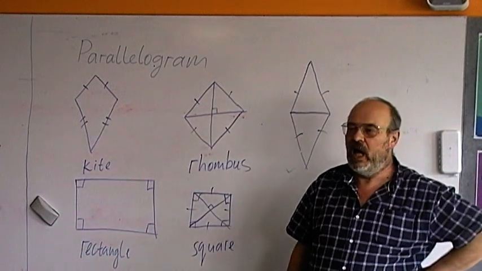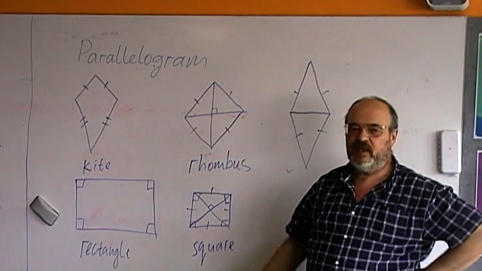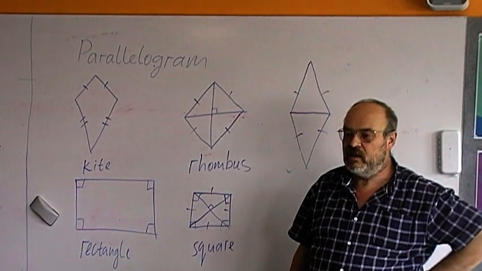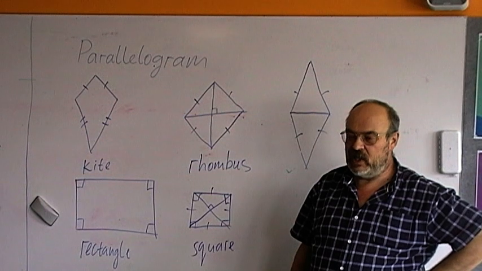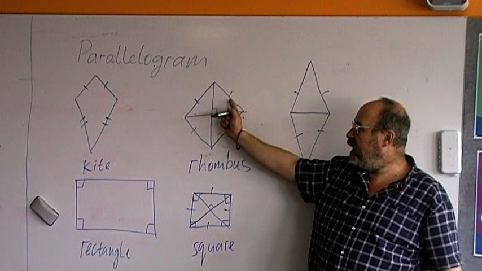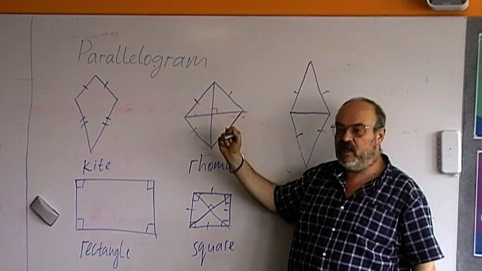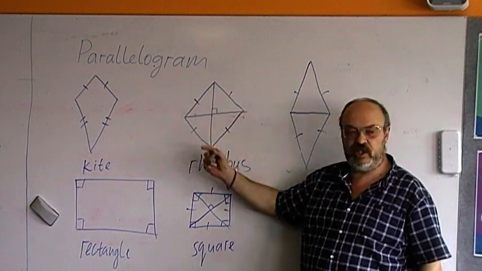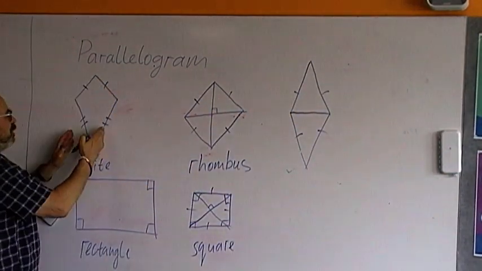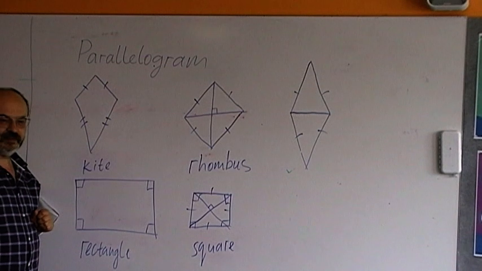Now, Sophie, is a rhombus a kite? Yes, a rhombus is a kite, because the rhombus has these sides equal and these two adjacent sides equal. What are the features of the kite? These sides equal, those sides equal.